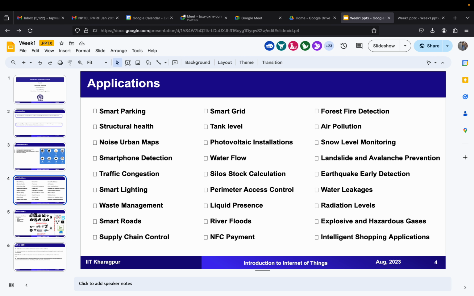So there are various kinds of applications of IoT. Second one is structural health, noise, urban maps you can do with the help of IoT, smartphone detection, traffic congestion, smart lighting, waste management, smart roads, supply chain control, and various others also. So you can go through these one by one.